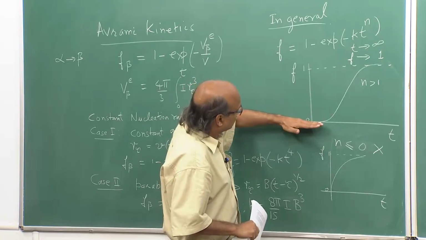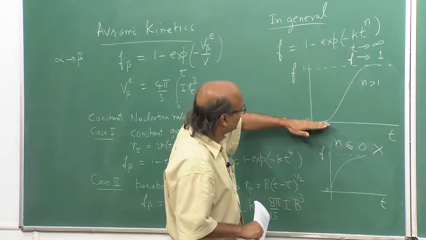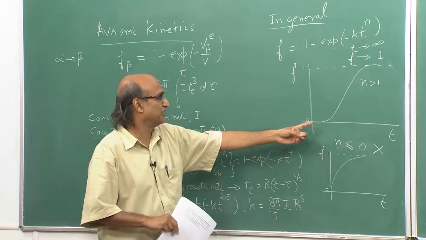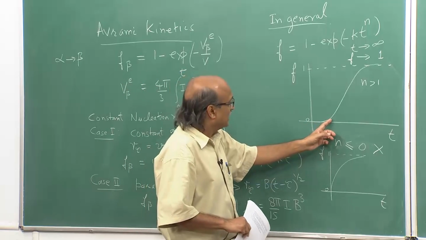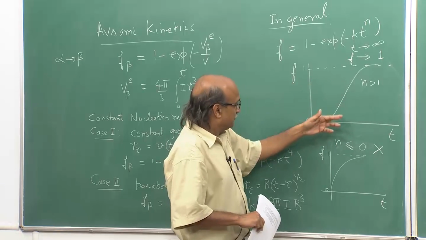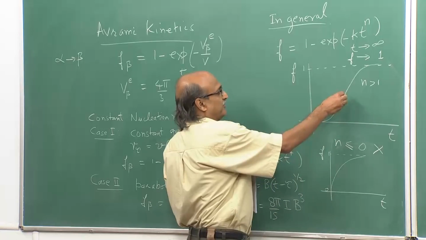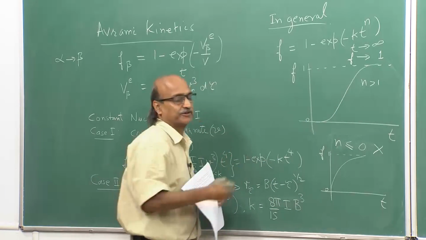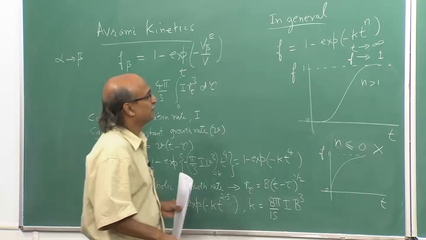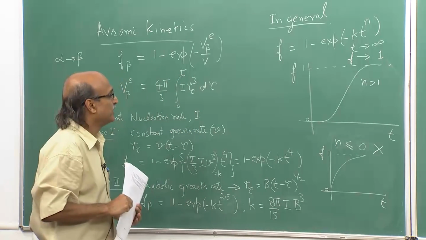Here, for n greater than 1, there is a kind of an incubation period before which any measurable transformation takes place. Then the transformation rate keeps increasing until it will reach a point where the transformation rate will start to reduce again, and as you can see towards the end, the transformation rate becomes very slow.